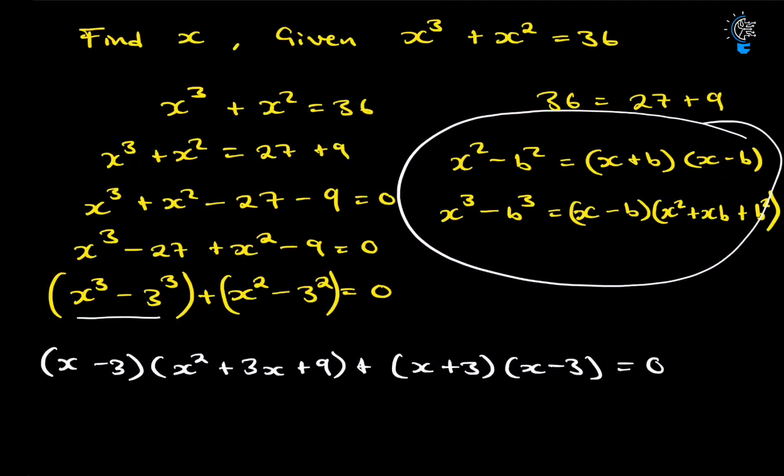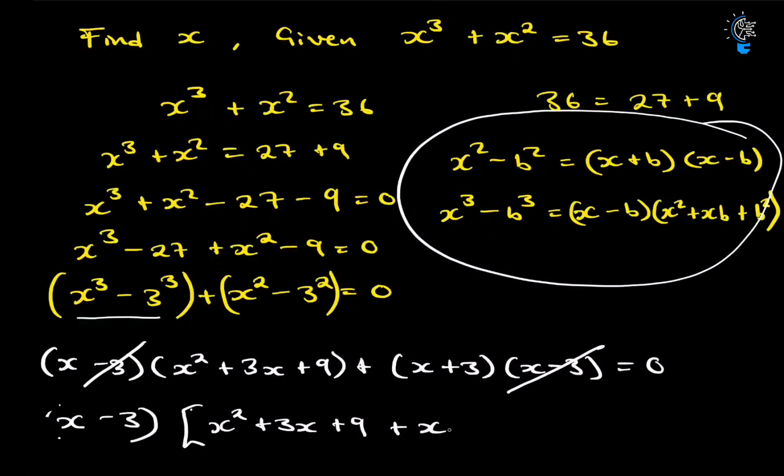Then from this step we can of course factorize that part and that part. We can factor this part and that part out. So we can have x minus 3. Then inside we're going to have x squared plus 3x plus 9 plus x plus 3 is equals to 0.